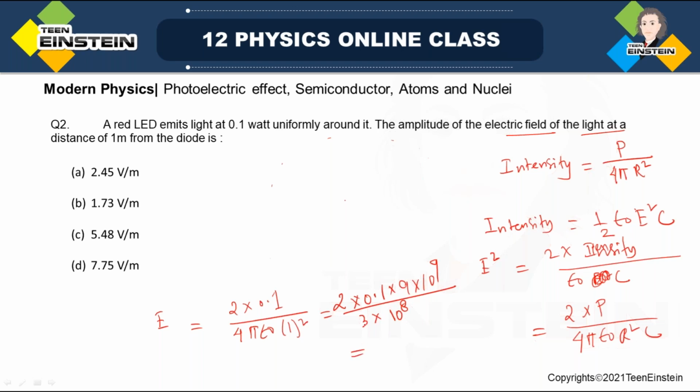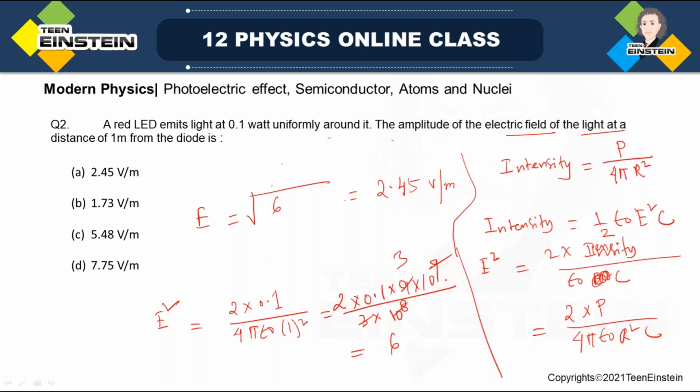So it would give you 3, 3, so it will give you 6. This is not E, this is still E square. Now E is equal to what? E will then be the square root of 6, and this would give you 2.4 volt per meter.